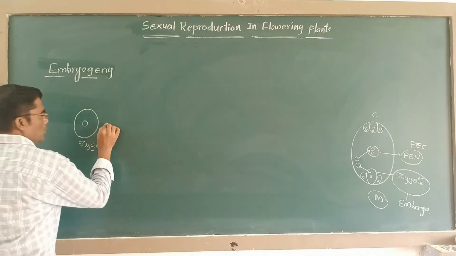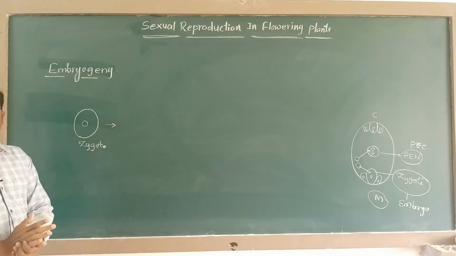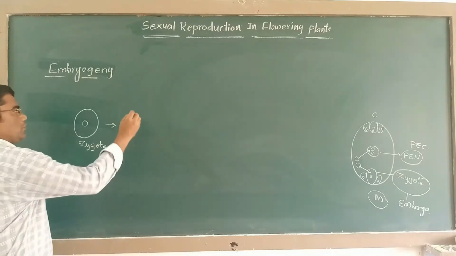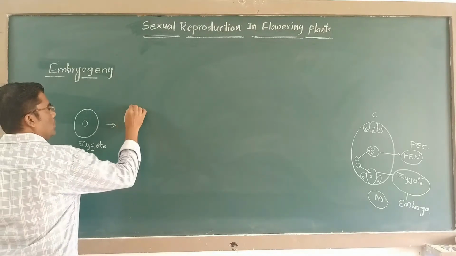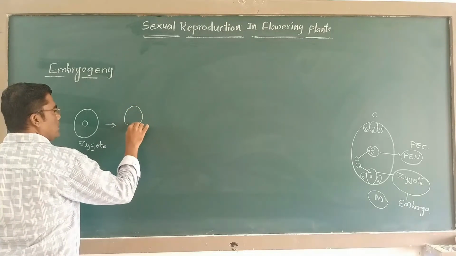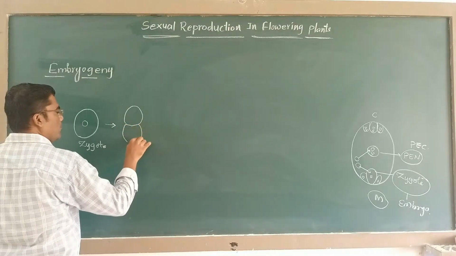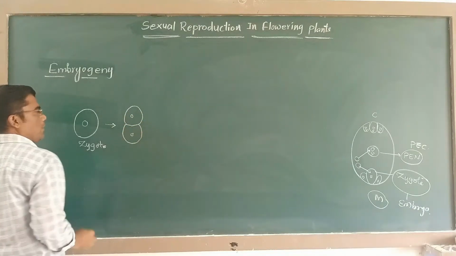Now this zygote undergoes cell division, mitotic cell division, and it produces 2 cells. Say this is the upper cell and this is the lower cell. Like this, two cells are produced.